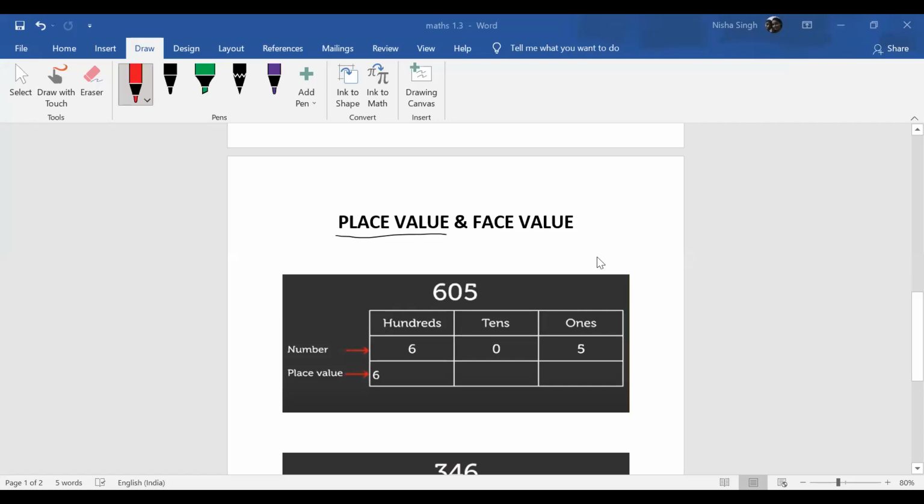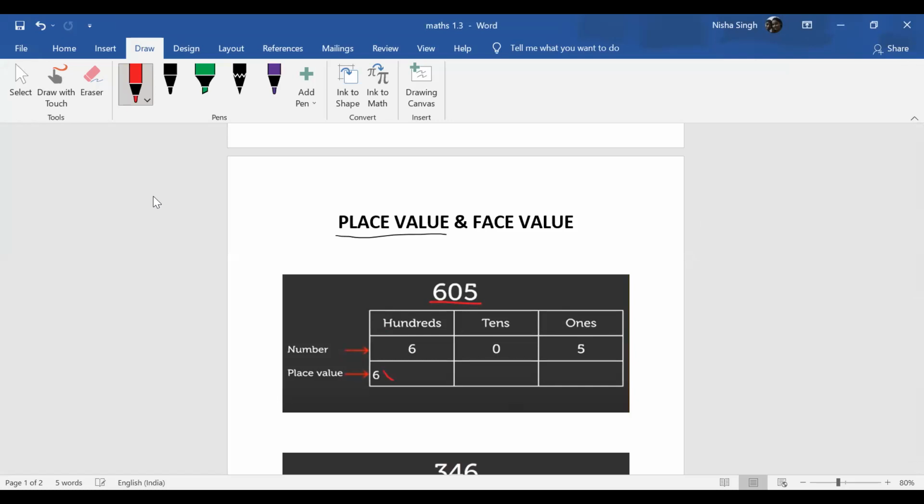So children, we have revised that place value is the value. Suppose we take the example of 605. So 6 is on the hundreds place, 0 is on the tens place, 5 is on the ones place. So 6 is on the hundreds place, that means we have 600.